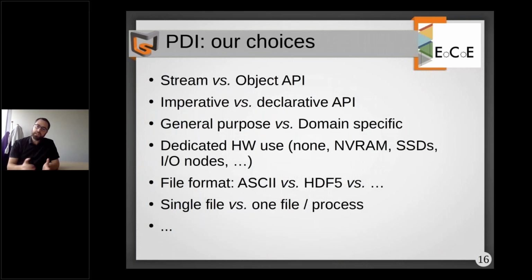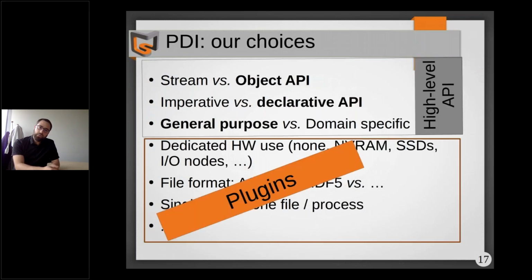So what are the choices we've made in PDI? Earlier in the presentation, I listed a set of choices any IO library has to make. And I said this is a problem because depending on the part of the code, you might want one or another of these choices. So in PDI, we've made the choices related to the API only, and we've left all the rest to the actual plugins.